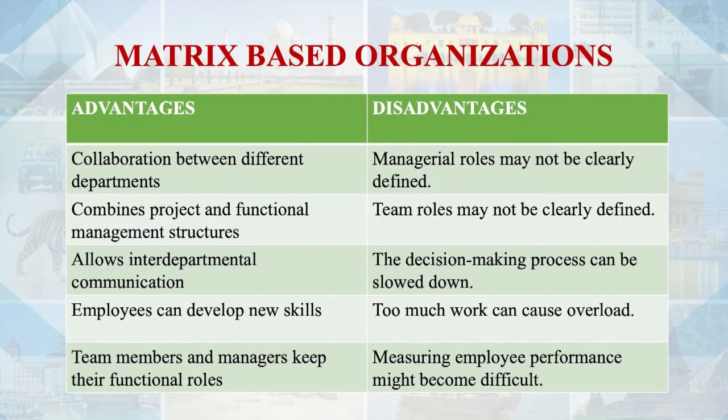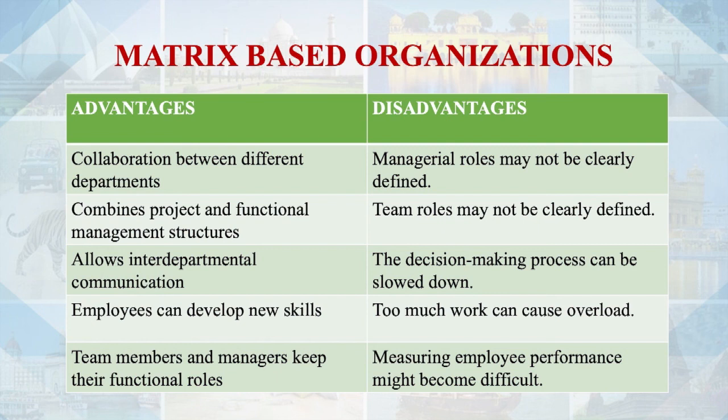Let us look at the various advantages of the matrix-based structure. The first advantage is that it really helps in building a strong collaboration between departments. Second, it combines project and functional management structure, which is an advantage because now you try to optimize the resources.